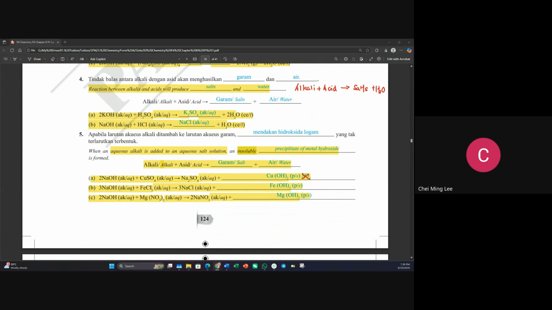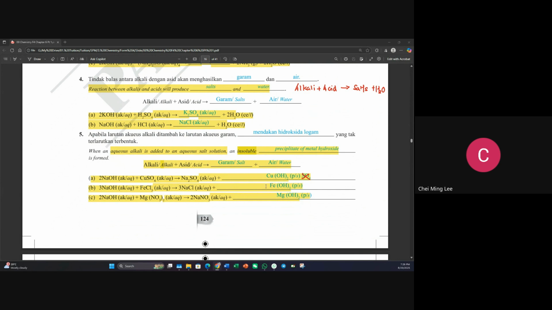Sodium hydroxide with iron chloride forms sodium chloride with iron hydroxide, which is rust, so it should be a green or brown color. Sodium hydroxide with magnesium nitrate will form sodium nitrate with magnesium hydroxide.